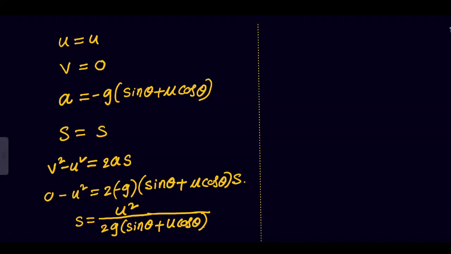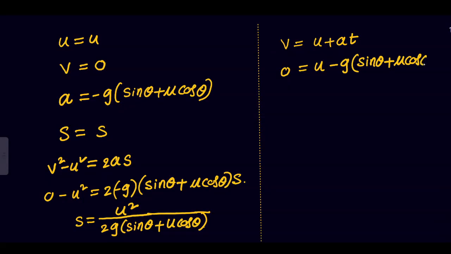Now let's find the time also. For time we use the formula v equals u plus at. Final velocity is 0, initial velocity is u, and a is minus g into sin theta plus mu cos theta, into t.